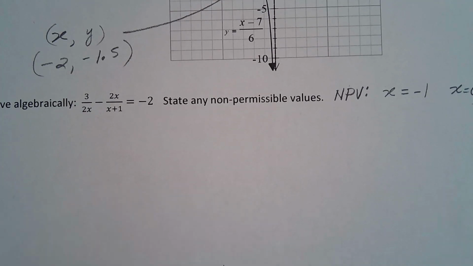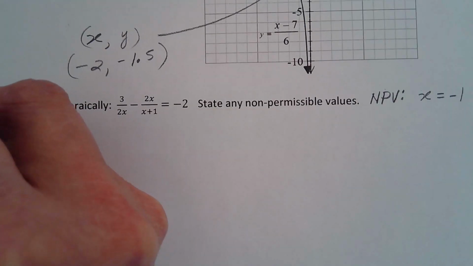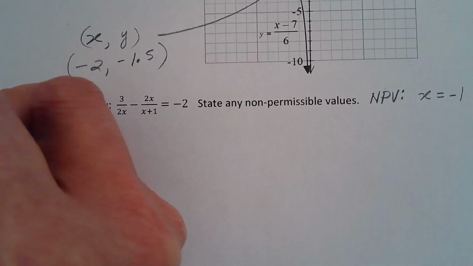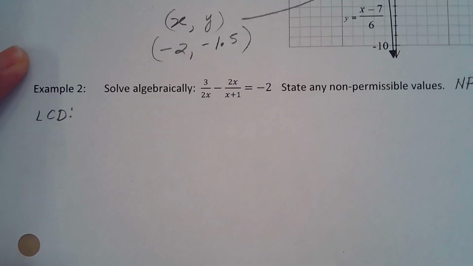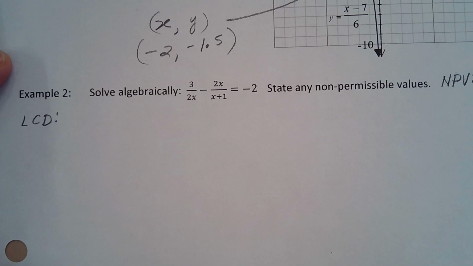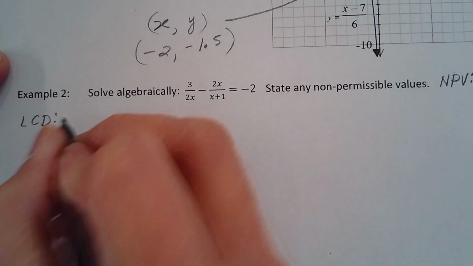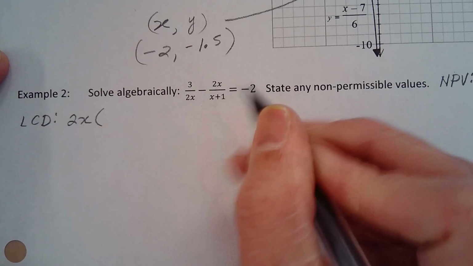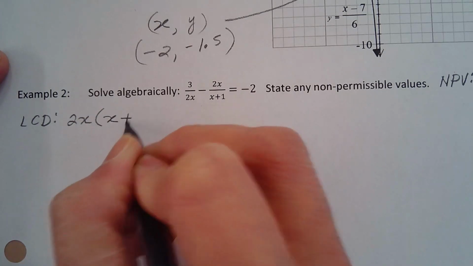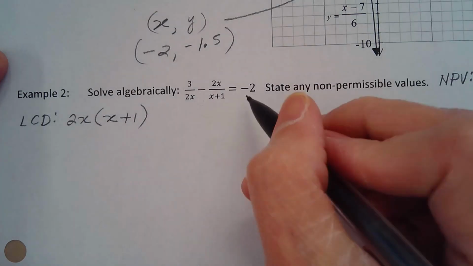What we have to do is look for the lowest common denominator. What would be the lowest common denominator for this case? Yeah, both of them, right? Then it's going to be 2x times x plus 1. Is everybody okay? Okay, good. And then the denominator here is 1.